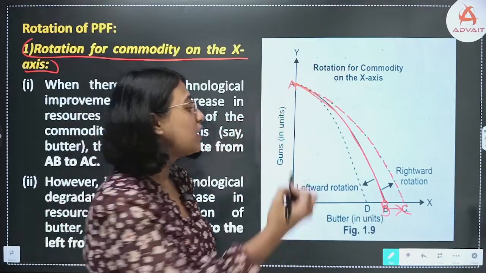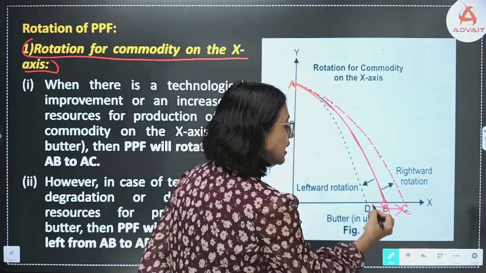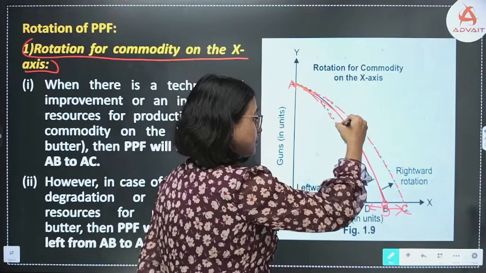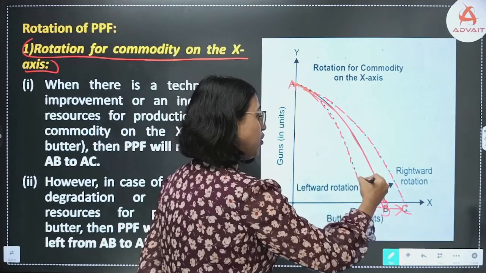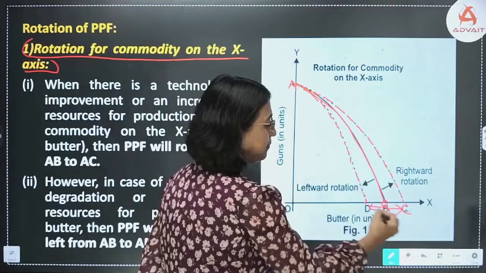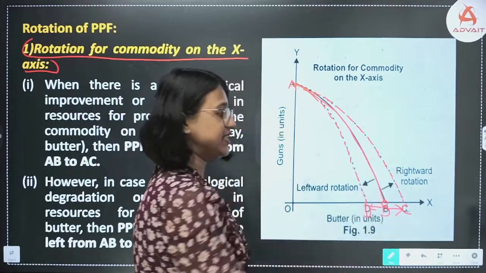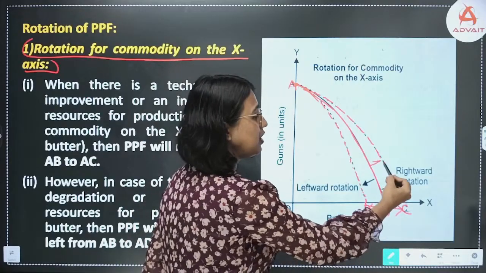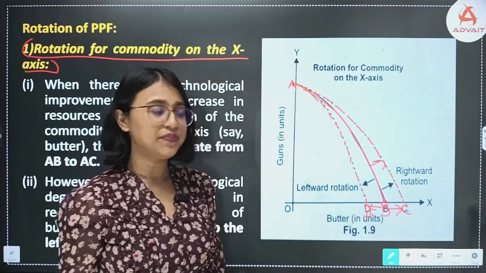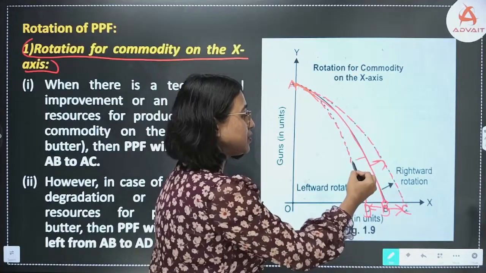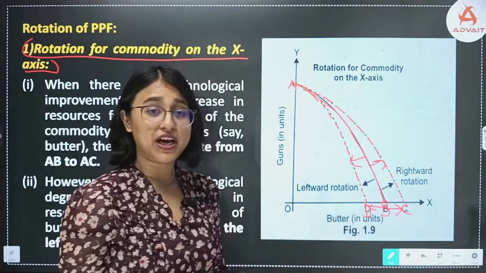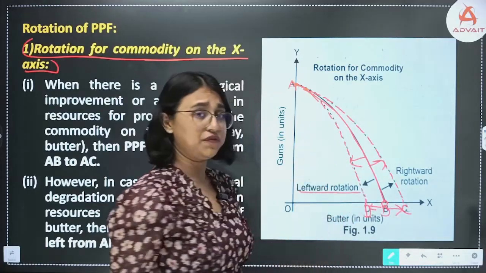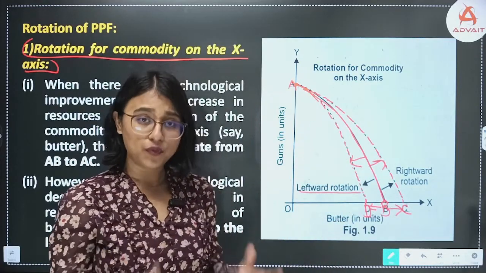Therefore, the PPF will not shift but rotate towards the left along the x-axis from AB to AD. I hope this much is clear. যেতিয়া productive capacity increase hobo, there will be rightward rotation. When productive capacity decrease hobo, there will be leftward rotation of the PPF. I hope this much is clear.